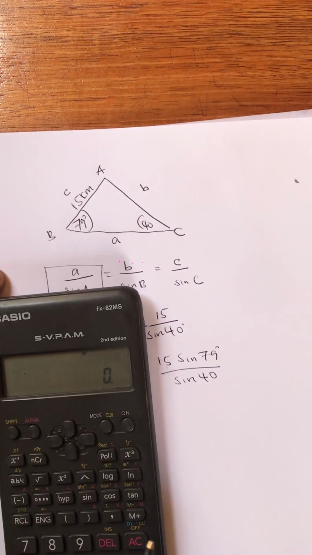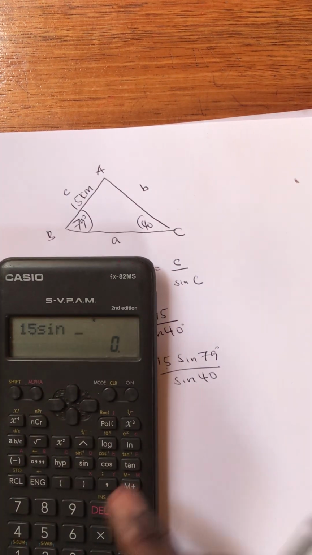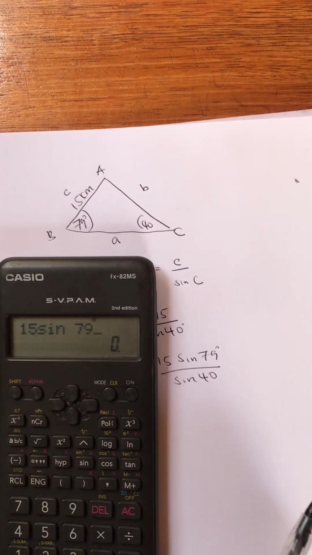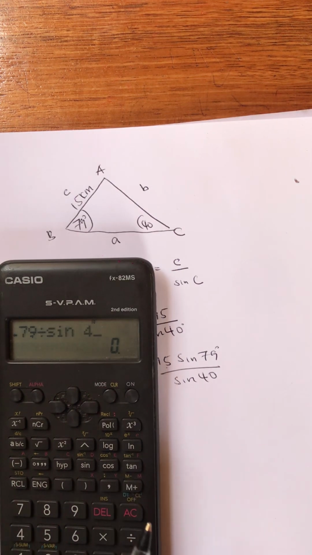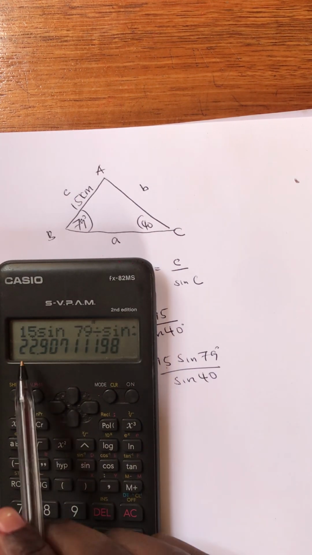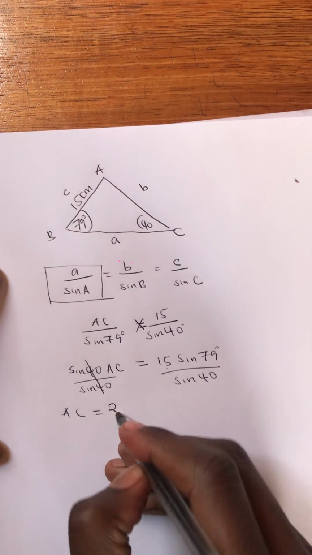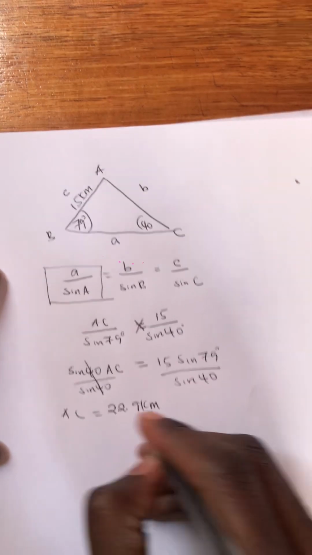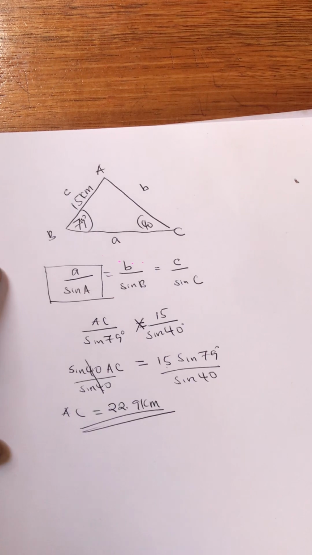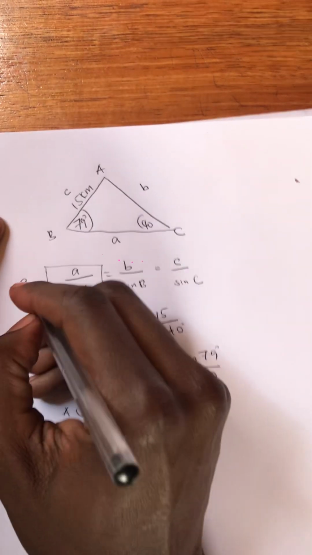So we're saying 15 sine 79 divided by sine 40. Once again, we're getting 22.9. So AC will be equal to 22.9. We are in kilometers, so we say kilometers like that. So 22.9 kilometers. This is the answer for question A.